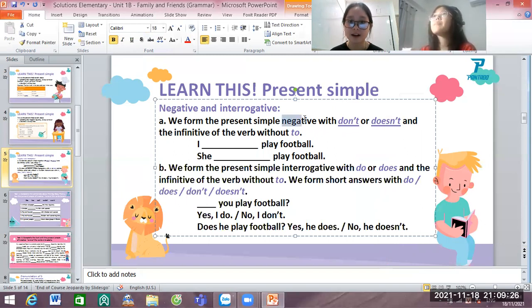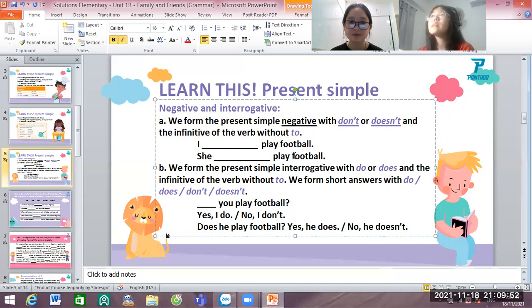I will underline the negative here so that you can remember. We use the infinitive of the verb with don't or doesn't. Do you understand this?